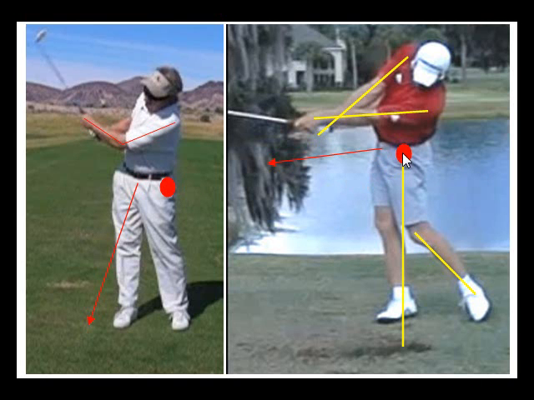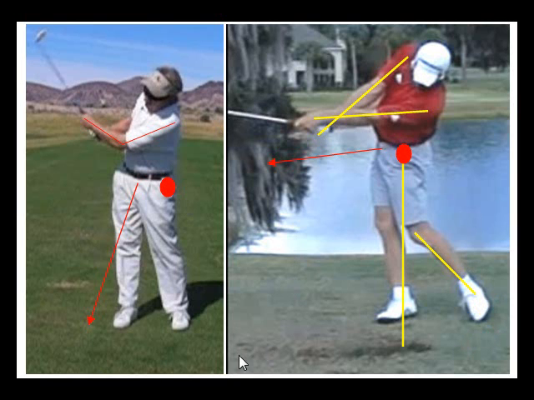I've drawn a line from his left pocket straight down to the ground, and it passes right over his front foot. Your left pocket is still hanging back here on your back foot. You really haven't turned your belt buckle, your lower body towards the target. The front of your body still hasn't rotated much. Grant is off his back foot the same way he was at impact.